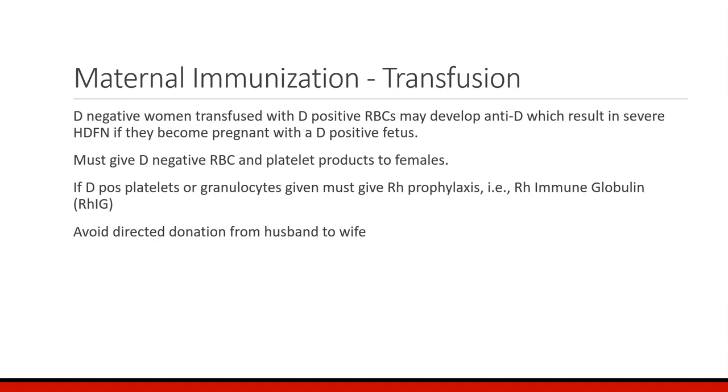A D negative woman who's transfused with D positive cells may develop anti-D, which results in severe HDFN if they become pregnant with a D positive fetus because they've already been through that primary immune response. Here we go on to the secondary immune response, which is much more effective. You must give D negative red cells and platelet products to females of childbearing age.